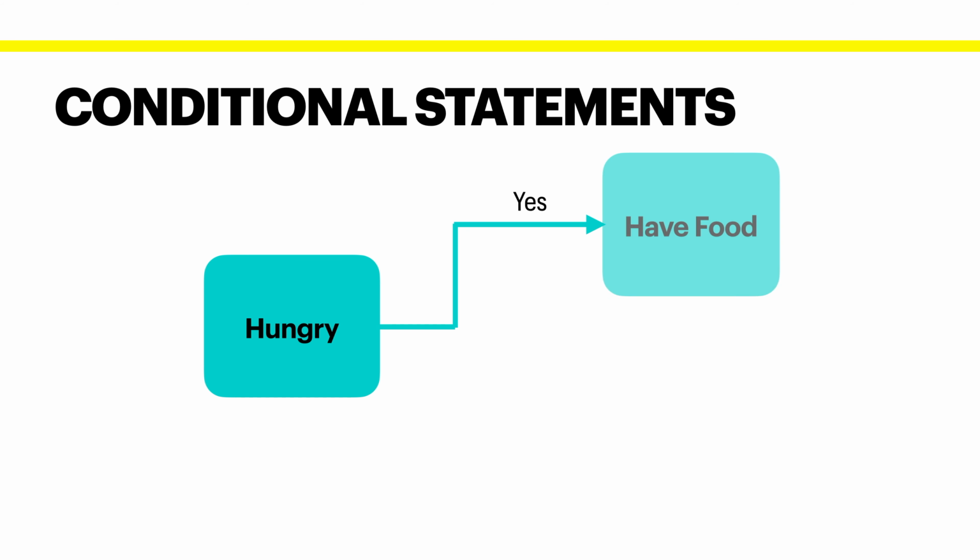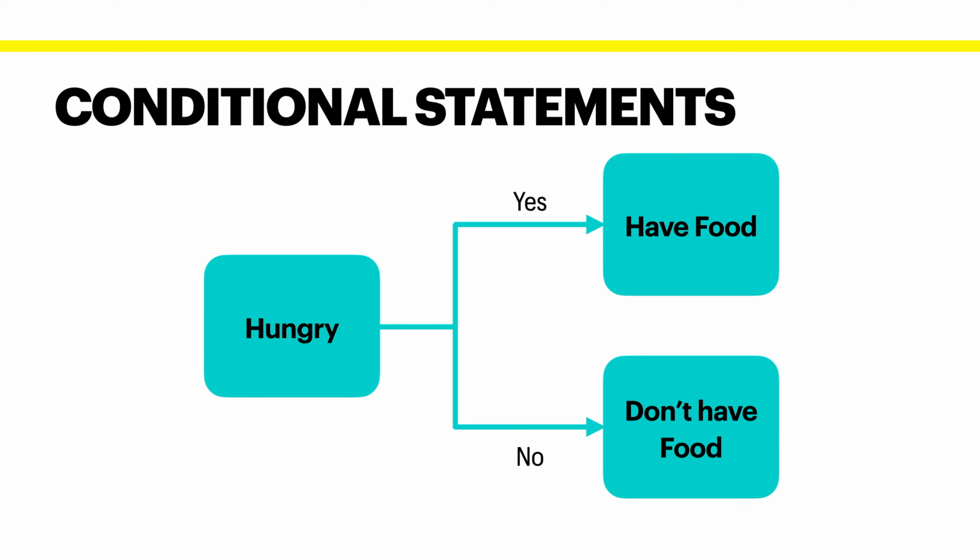Many times our decision is based on some form of condition. Let us take an example to understand this. If you're hungry, then you will have food. That is obvious. But if you're not hungry, then you don't have food.